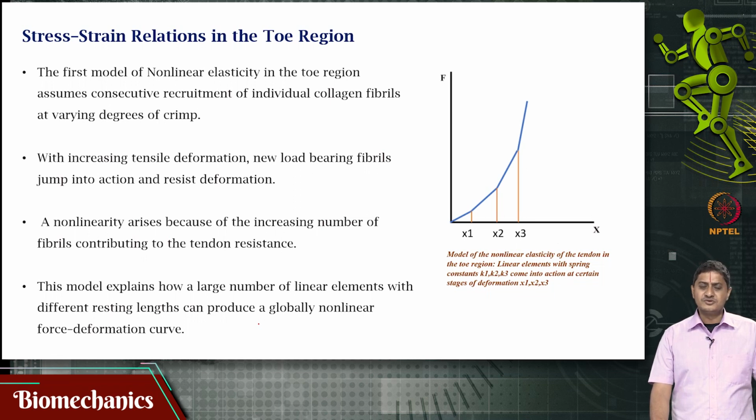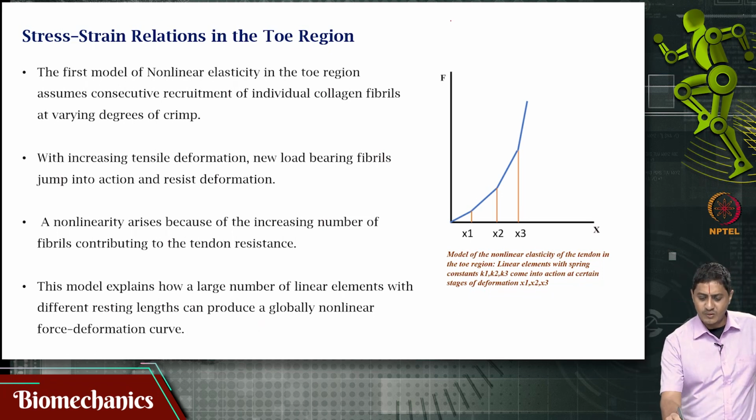One model assumes that there is a very large number of individual collagen fibrils, and it turns out that they have different amounts of crimp. One fibril has that kind of crimp, the other one has that kind of crimp, and so on.